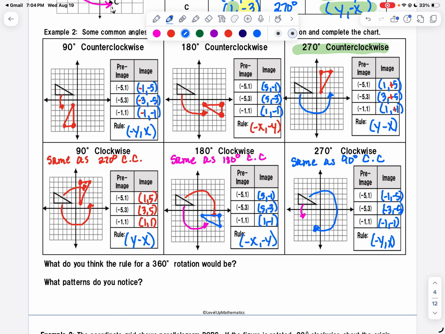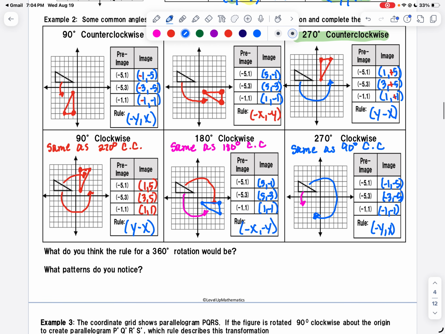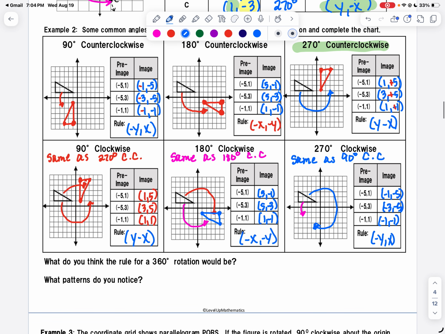All right. Now, what do you think the rule for a 360-degree rotation would be? What if I did a 360-degree rotation? That would be 1, 2, 3, 4 quadrants. I would end up back where I started.